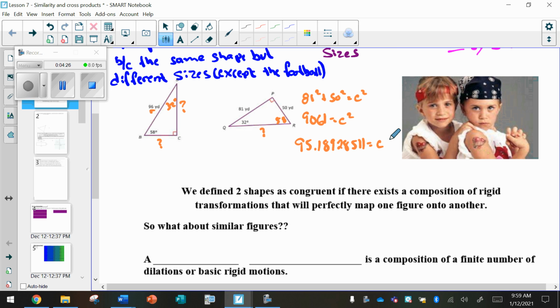So since they are not the exact same side lengths, but they do have all the equal angles, that means they are similar because they're the same shape but different sizes. So the angle measures match. That makes them the same shape, but the side lengths are different, so they're obviously not the exact same size.